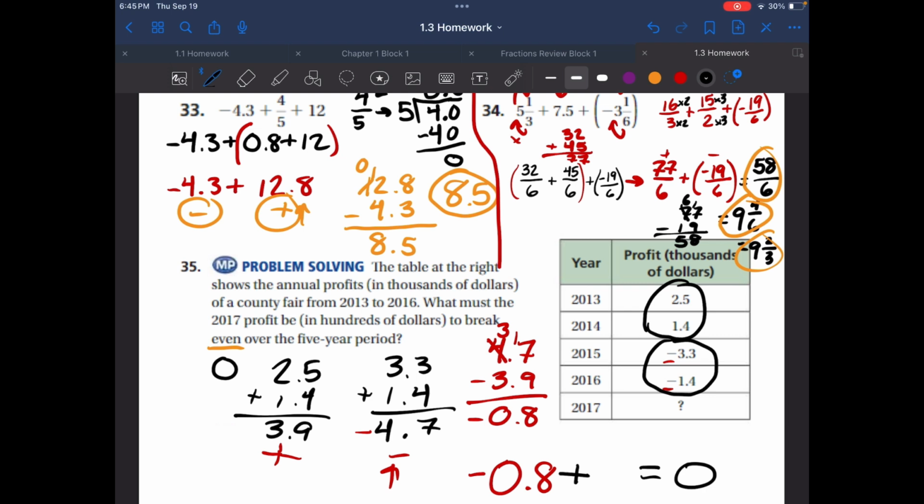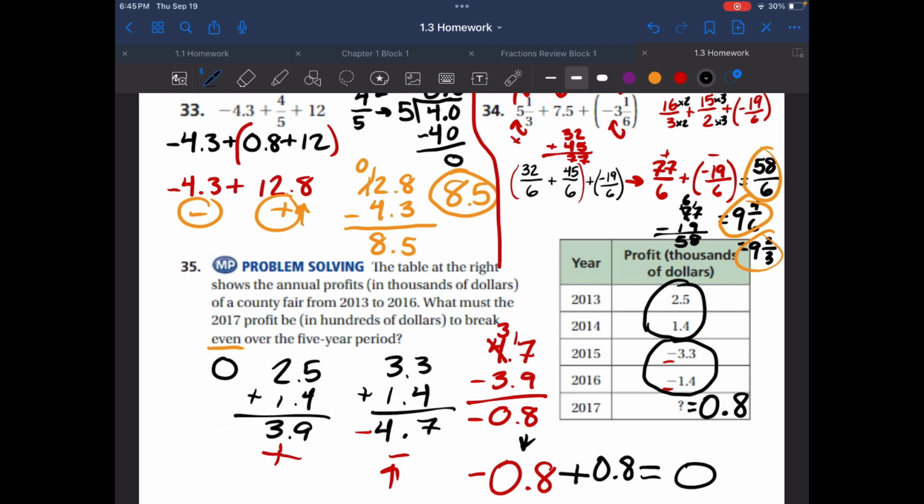That sounds familiar. That's just a 0 pair. So a 0 pair is a number and its opposite. The opposite of negative 0.8 is positive 0.8. Right? I would gain $0.8 thousand. Meaning in 2017, that question mark, I would need to make 0.8 thousands of dollars to break even.